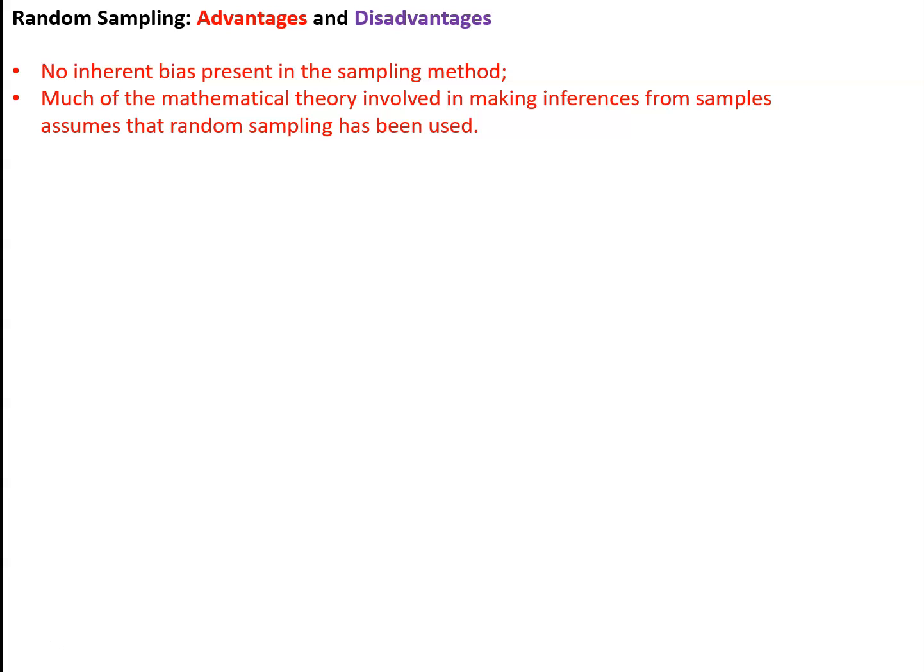Now let's have a look at some of the advantages and disadvantages of each of these different methods of sampling. So for random sampling, a big advantage of it is there's no bias present in the sampling method, and much of the mathematical theory involved in making inferences from samples assumes that random sampling has been used.